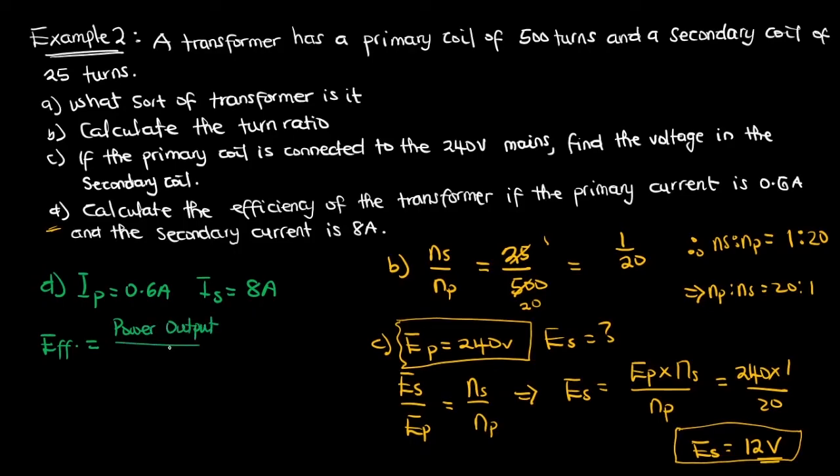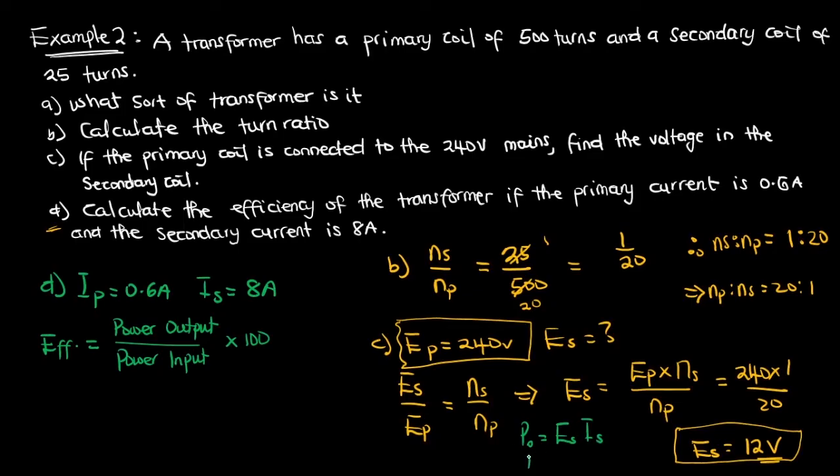Now, the efficiency of a transformer is equal to power output over power input multiplied by 100, that is it. Now, the power output, which I'll write as P subscript O, means the power in the secondary coil. So that would be the voltage in the secondary coil multiplied by the current in the secondary coil.